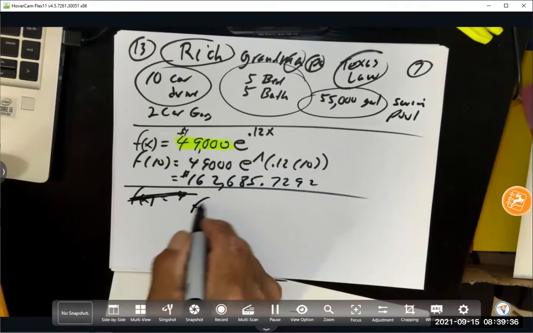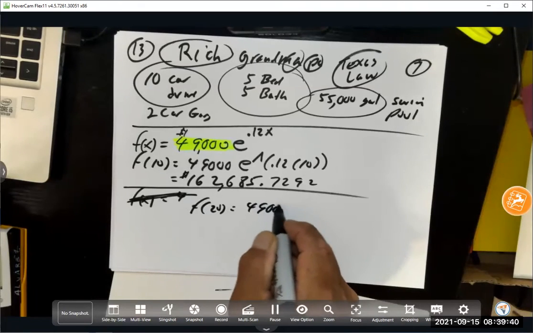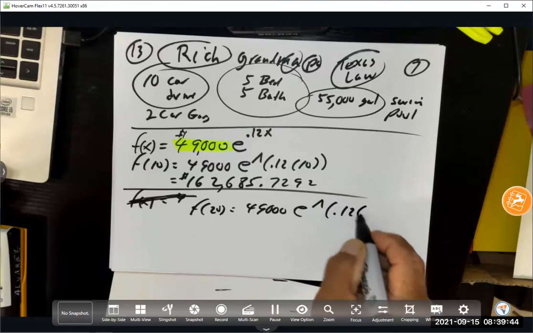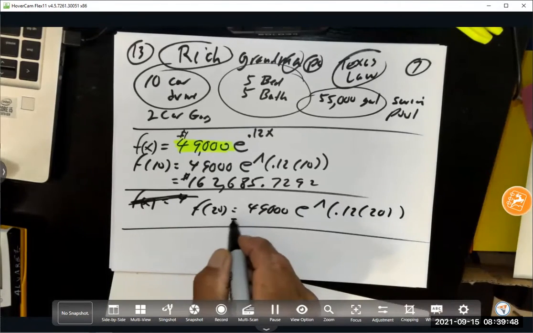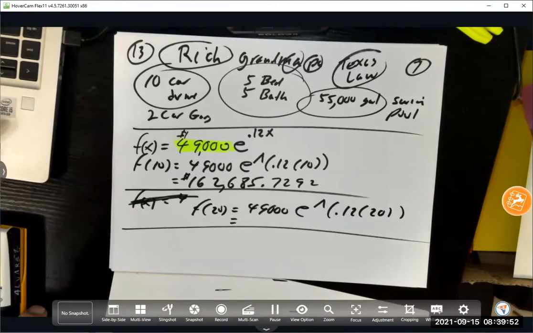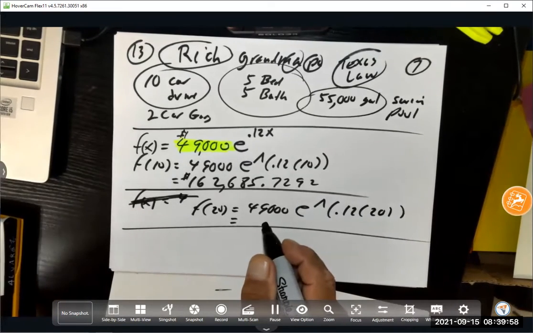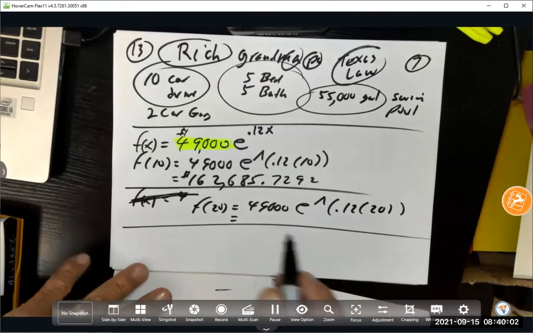All right, so let's find the next one. What happens after 20 years that they live in this house? Well, it's going to be the $49,000 house, e to the power of 0.12 times 20 years have gone by. So their house is going to be worth more money then. So you do that one. After 20 years living in this neighborhood, how much is their house worth now? Just give me the numbers.